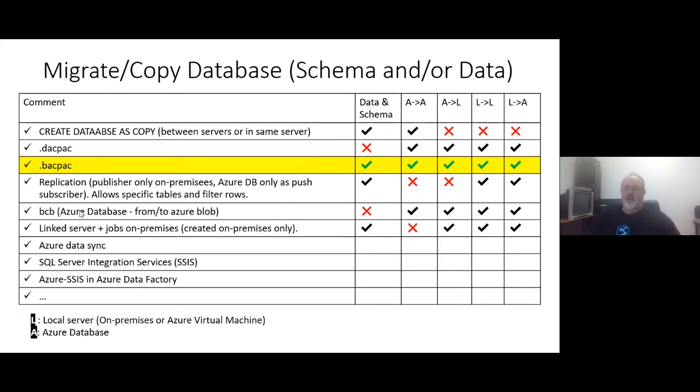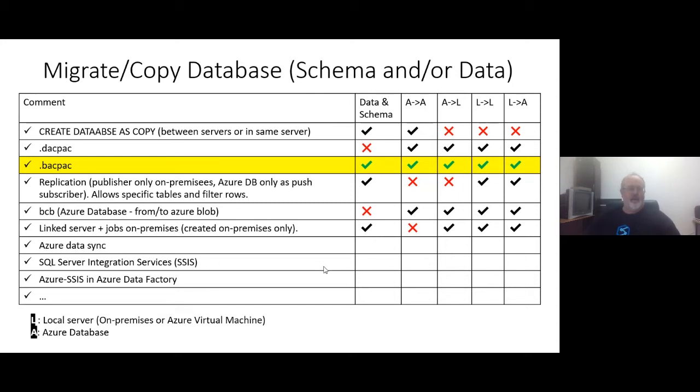We have the BCP option to import data. We have linked server that we can use. We have Azure Data Sync, SQL Server Integration Services, local SSMS, and Azure SSIS.